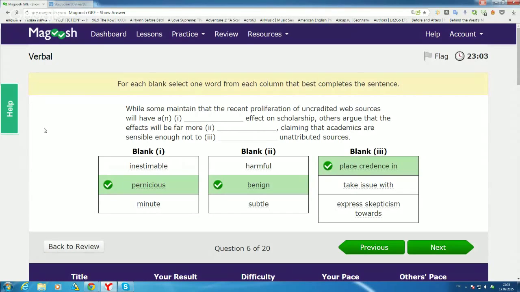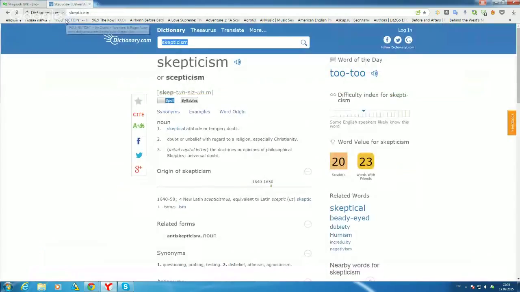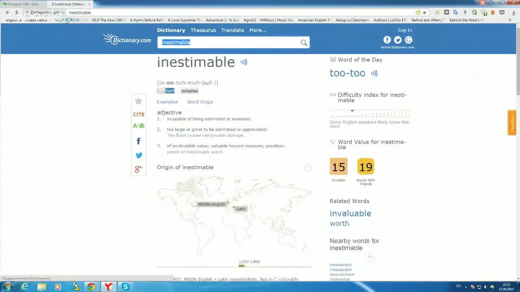Inestimable means something big, an effect, or good. Let's look it up. Inestimable. Let's see if you can spell it right. Good job.